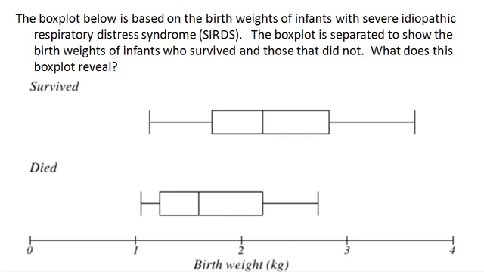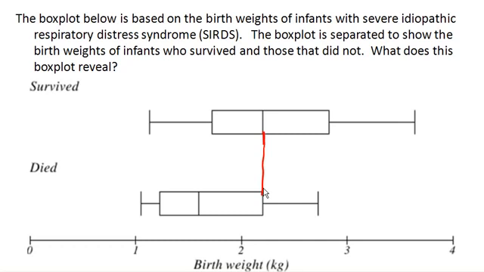So we can tell that the birth weights of infants that died appears overall to be smaller than the birth weight of the infants that survived. In fact, we can see that the median birth weight of those that survived is about the same as the quartile 3 of birth weight of those that died.